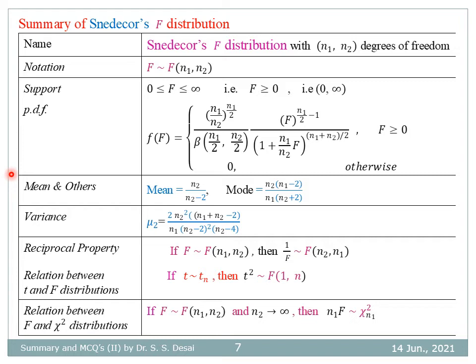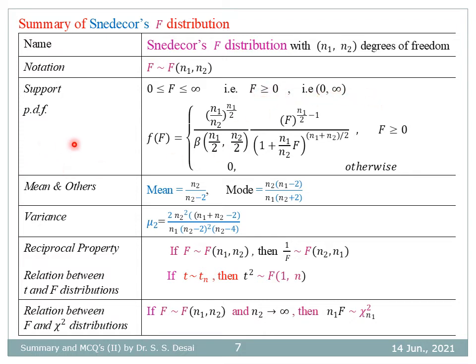The F statistic is defined as the ratio of two independent chi-square variables divided by their respective degrees of freedom. The notation for the F distribution is F follows F distribution with n1 and n2 degrees of freedom. The support set here is F greater than or equal to 0, that is 0 to infinity.